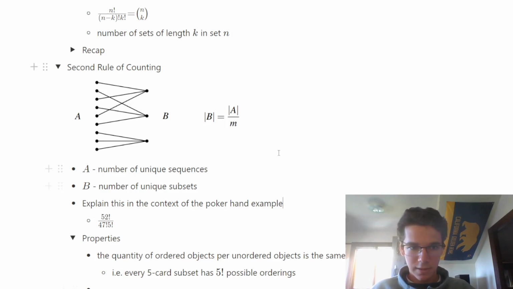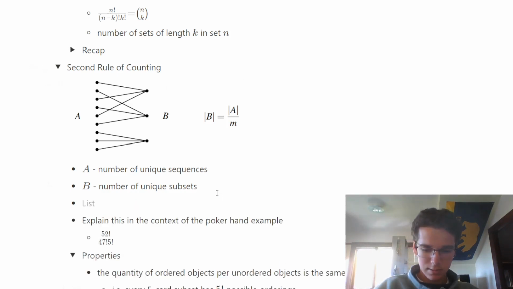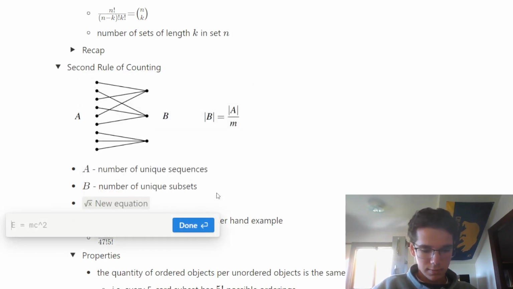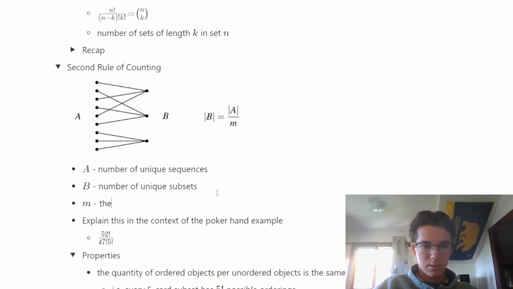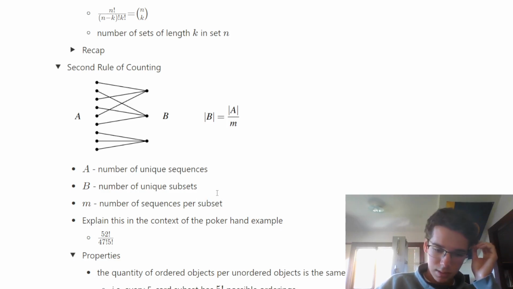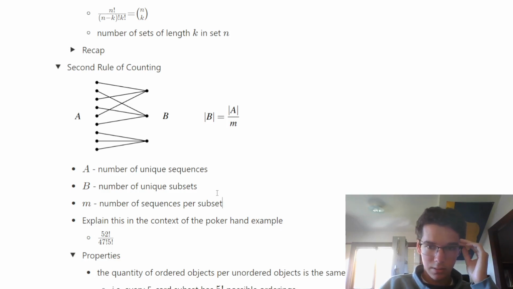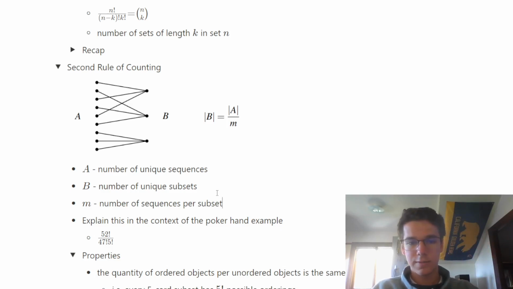Right, so the notes define M as the number of sequences per subset. So in this case, we are defining for ourselves that the number of sequences per subset is the same.